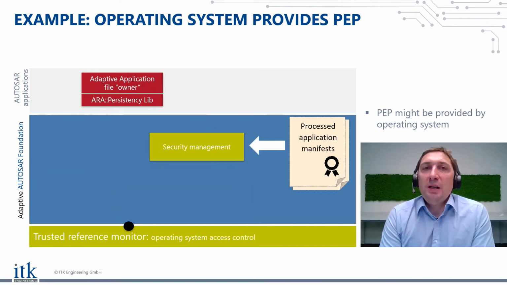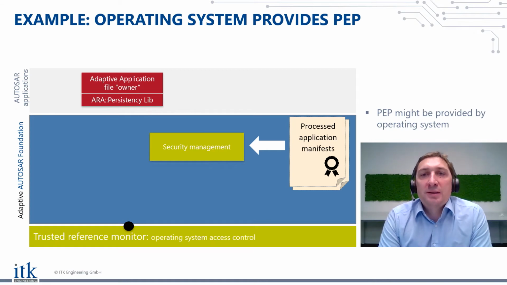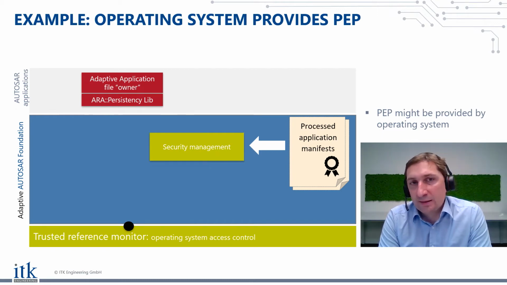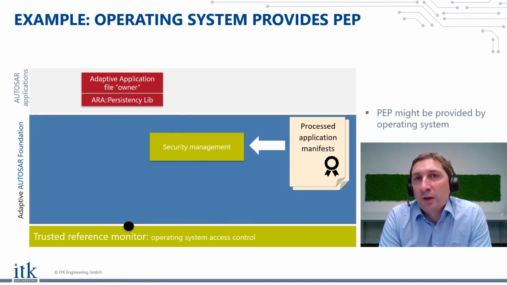There are some scenarios and some functional clusters that are not provided by processes in the AUTOSAR Foundation, but by the operating system. This is true for the persistency library, for example. Here, of course, the persistency library is just executed in the process space of the adaptive application, so you cannot implement the PEP within the application or within the persistency functional cluster.